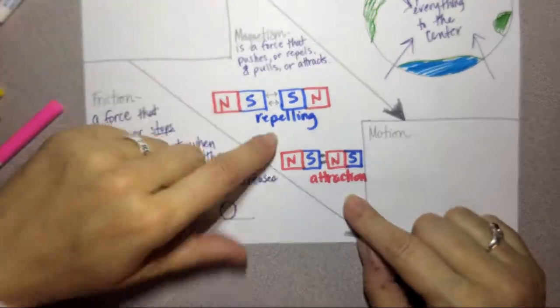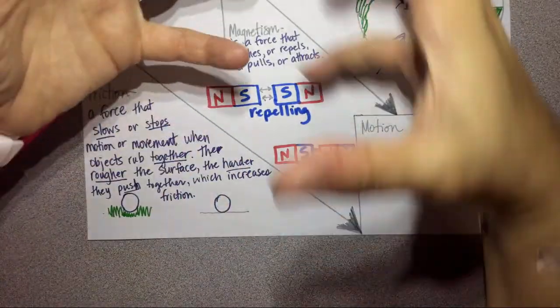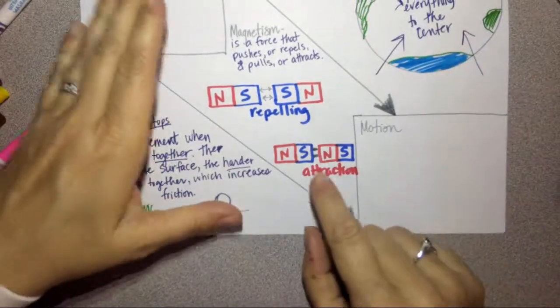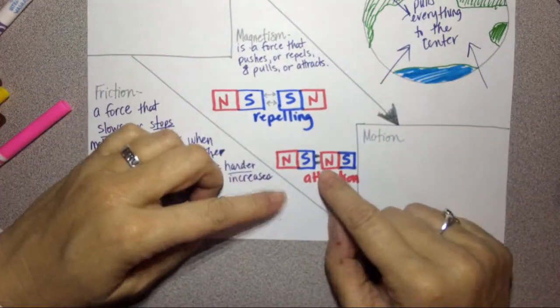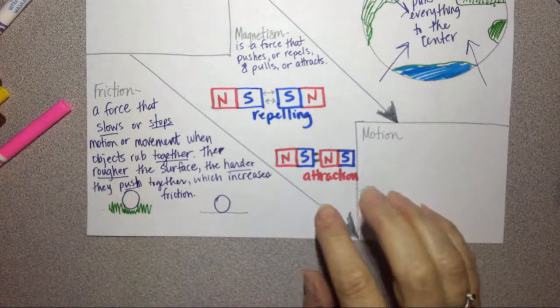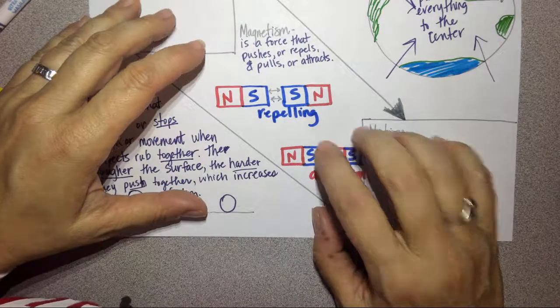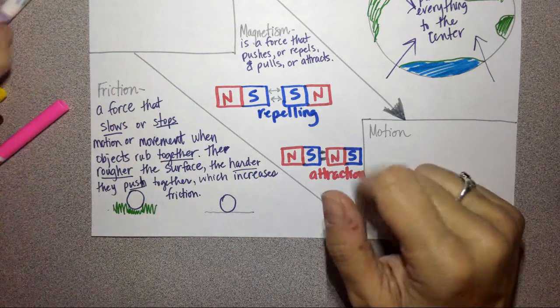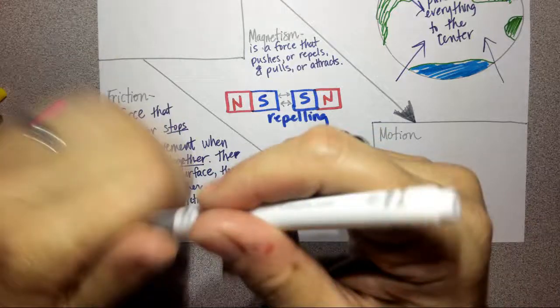This is attraction. So this one is pushing each other apart. This one is pulling. They're pulling together, whereas this one is pushing apart. Good job. What is the only thing that sticks to a magnet? Good job. Iron.